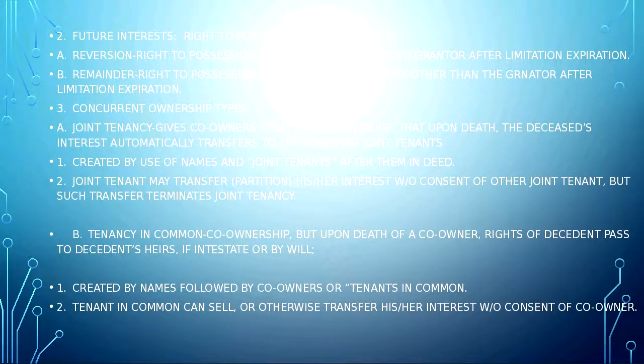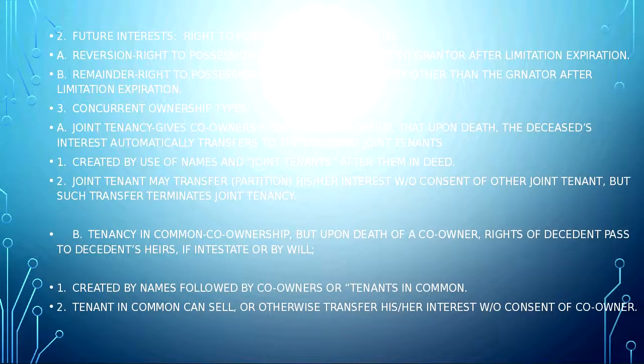But if they don't graduate from college, then it returns to the grantor. Okay? So you can see how you can put these limitations into deeds of land before they are transferred.